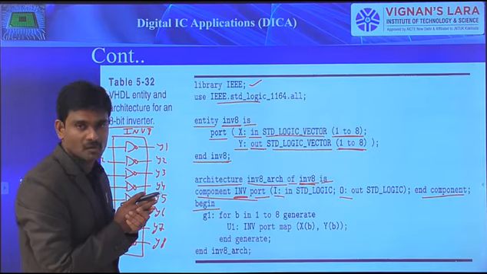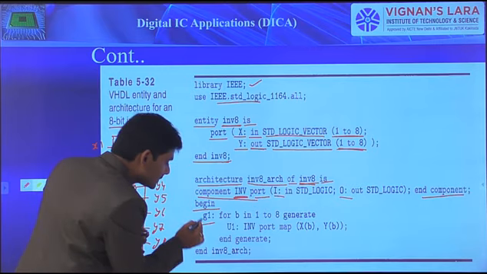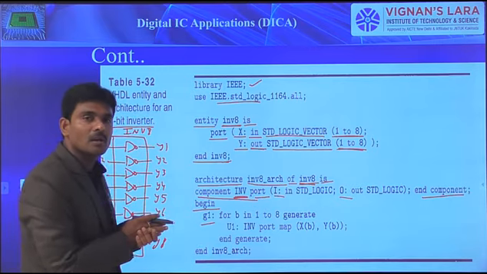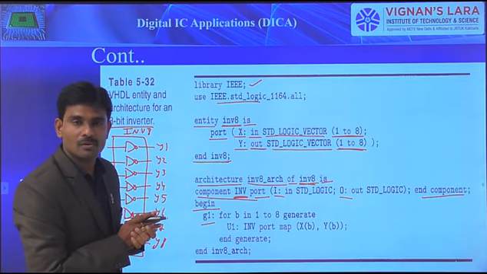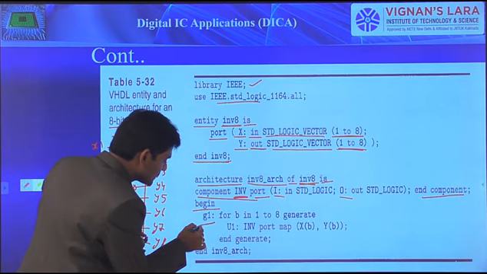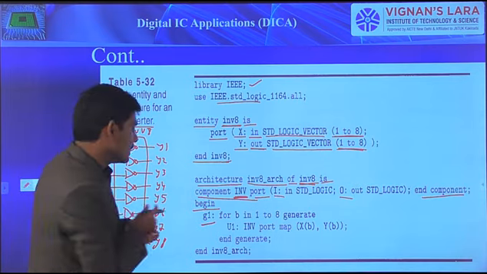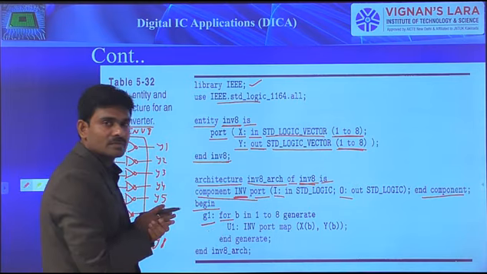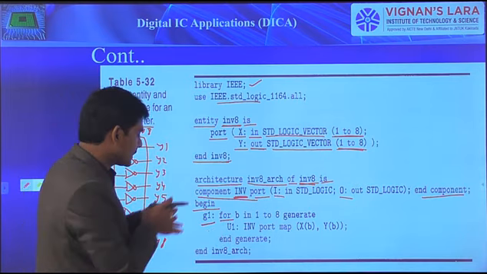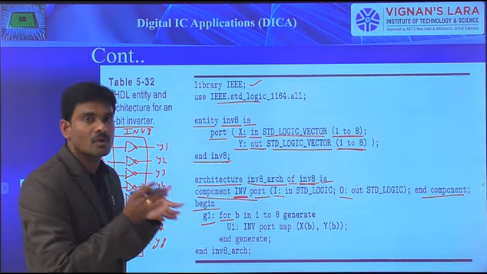The iterative generate loop syntax starts with a label. Here I mention the label name as G1; any name can be given as a label. So G1 colon, and the next keyword is for, which indicates the start of a for loop.